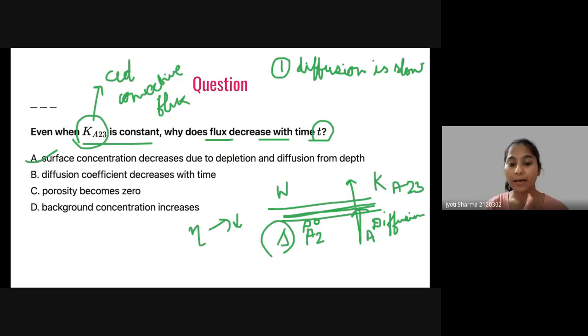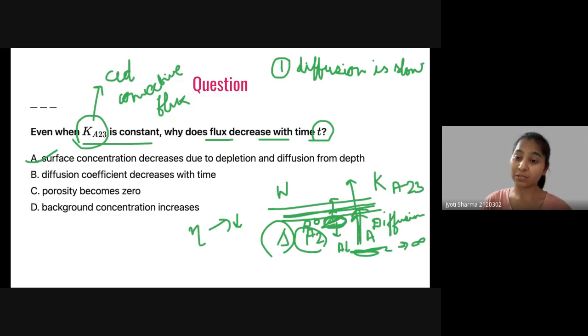Then what will happen? Some of the concentration of A from the pore side will go to the interface, cross the interface, and go to the water. So near the interface, the concentration of A will decrease, because the concentration that we have at z equal to infinity has to travel near to the surface or the interface.